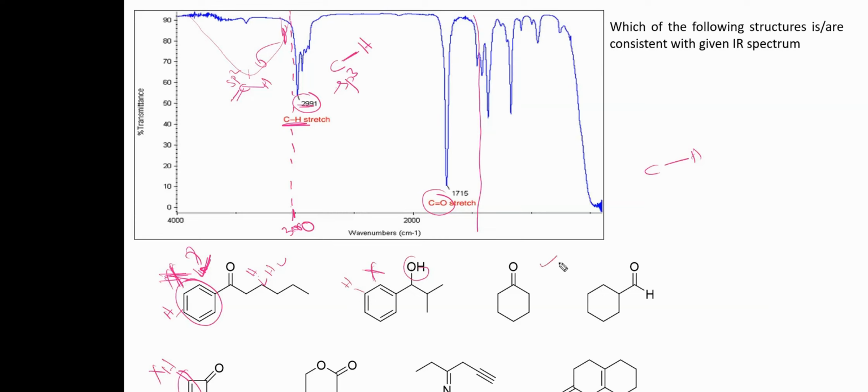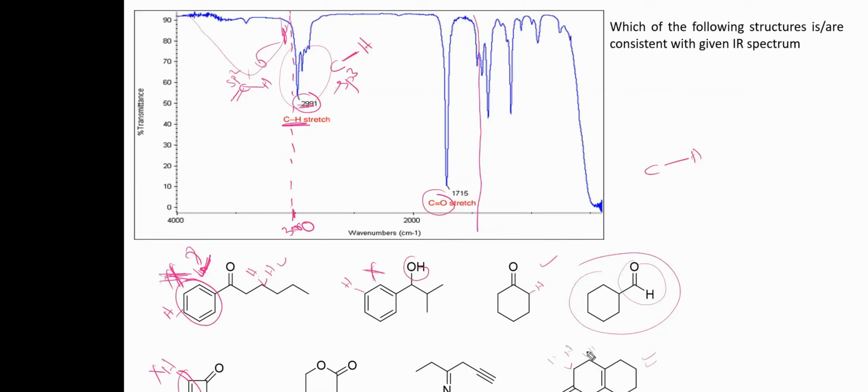And this could be a possible structure, because you see all carbons that are sp3 hybridized with hydrogens. It could be this, but I'll come to that a little later. It could be this structure also, based on the CH.